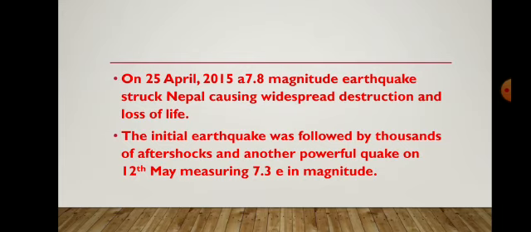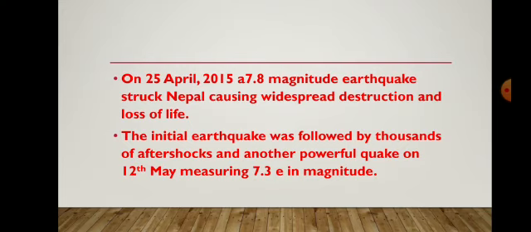After that, on 12th May, there was again an aftershock and another powerful earthquake, which was also 7.3 in magnitude. So these two, 7.8 magnitude and 7.3 magnitude, both were very big earthquakes.